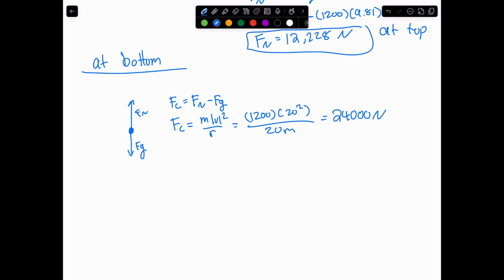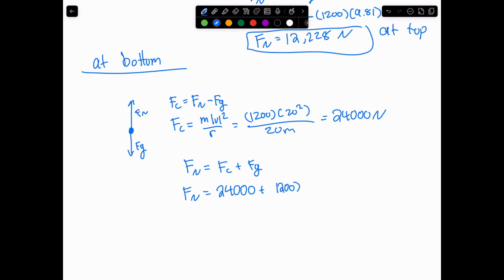But now our equation for Fn is going to change. If we isolate Fn, it's going to be equal to Fc plus Fg. And Fn is equal to 24,000, which is Fc, plus Fg. Do we know Fg? We do know Fg. It's exactly the same as what it was before.